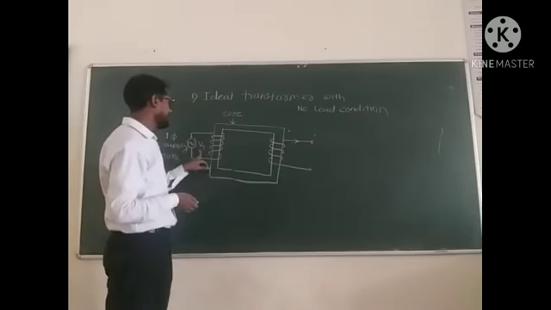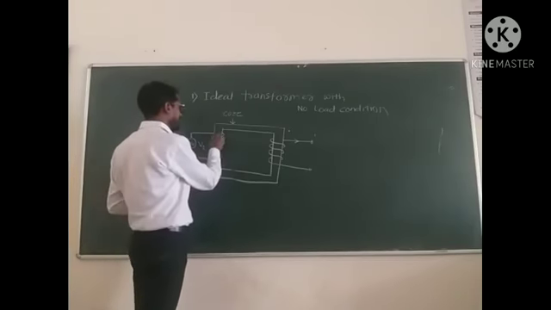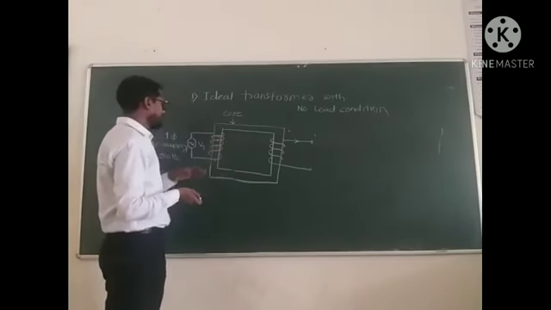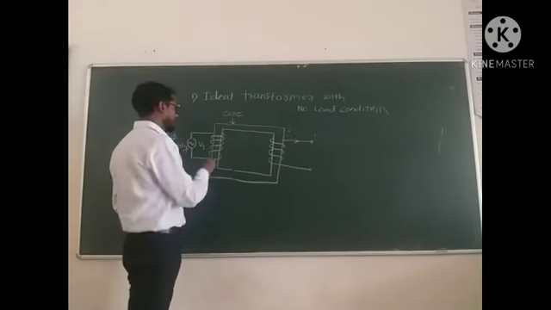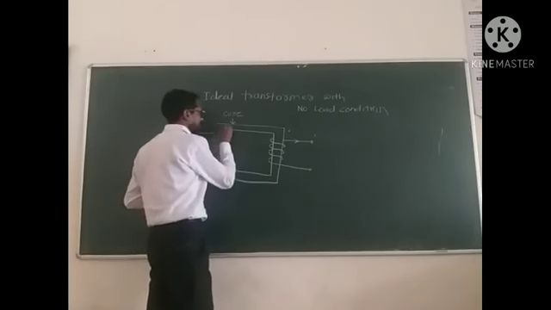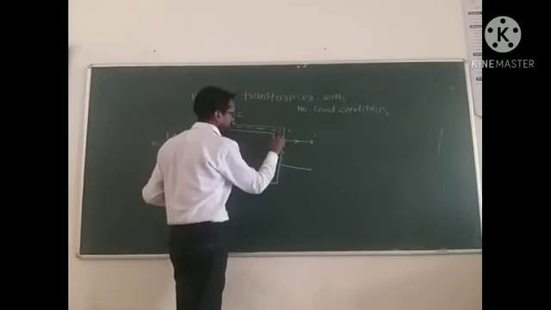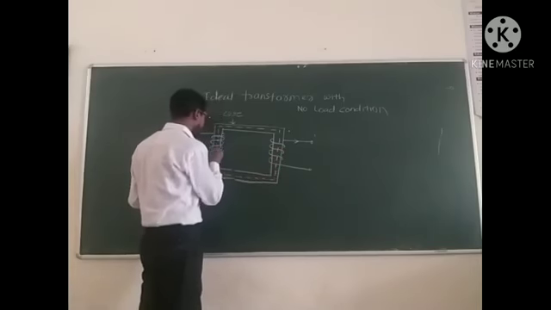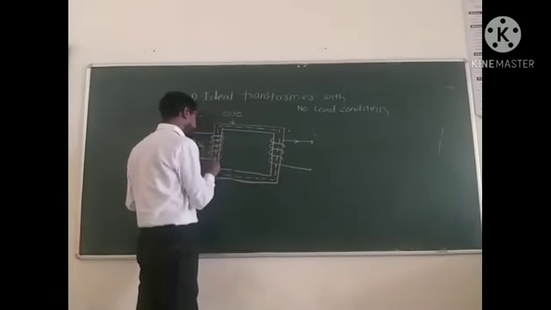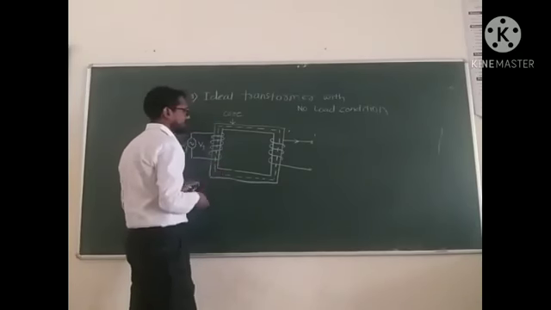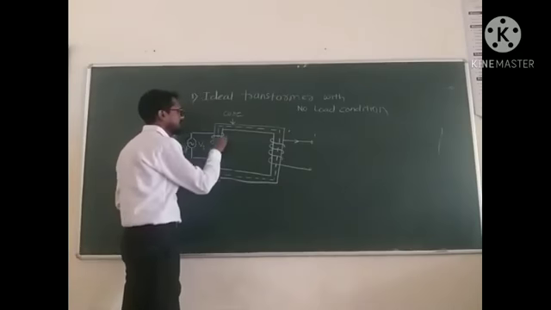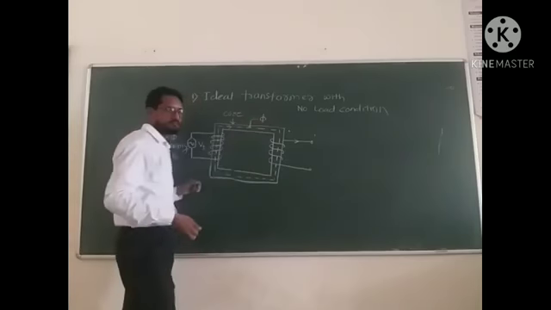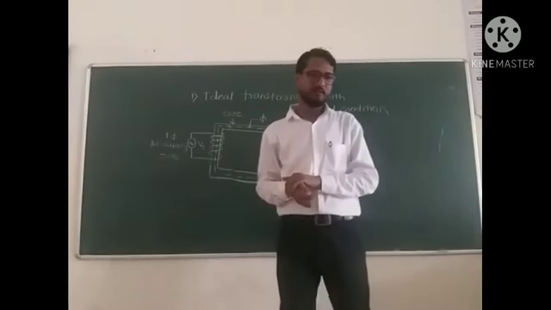When V1 is applied to the primary side of the transformer, a small amount of current starts flowing through that winding, and that current starts generation of magnetic flux. These magnetic fluxes we name as phi.